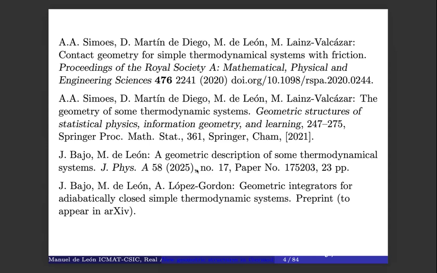And now in this preprint that practically is finished, it will be on arXiv very soon, in a few days, we apply this geometric interpretation, for instance, to develop geometric integrators and to discretize the system. So this is the main novelty that we get just from the geometric description.